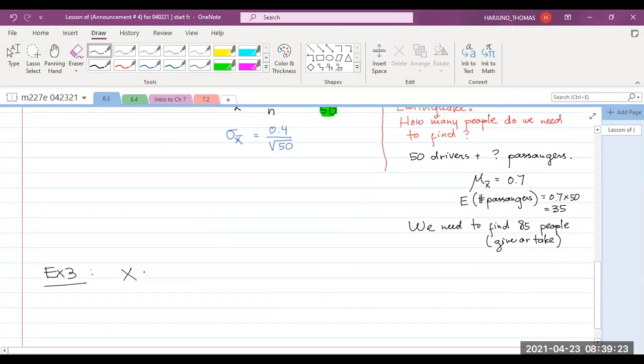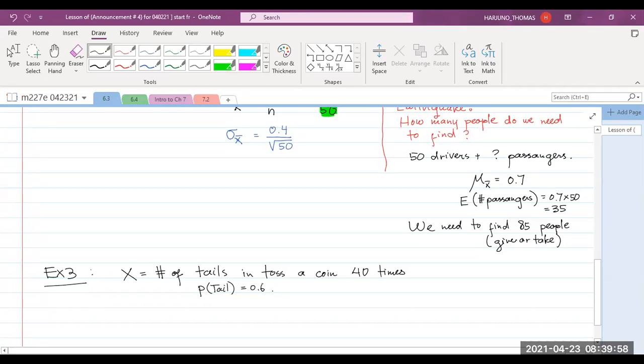Let X be the number of tails in tossing a coin, let's say 40 times. The probability of getting a tail is, let's say, 0.6.